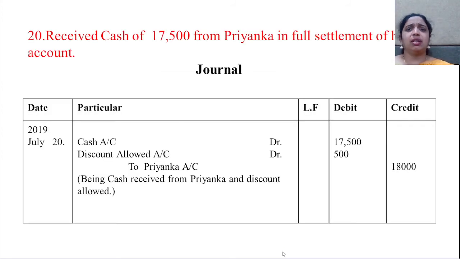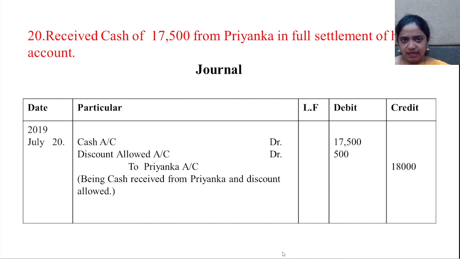Next transaction is about date 20. Received cash of 17,500 from Priyanka in full settlement of her account. Remember what it is said? Received cash of 17,500 from Priyanka in full settlement of her account.